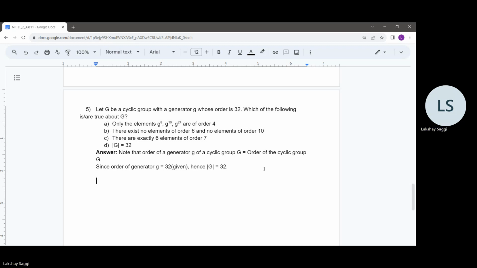So we know that for a generator g, g raised to power 32 is the smallest value at which it is equal to small e, the identity element.